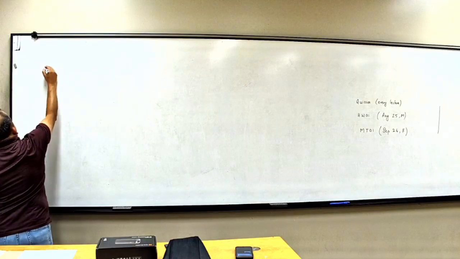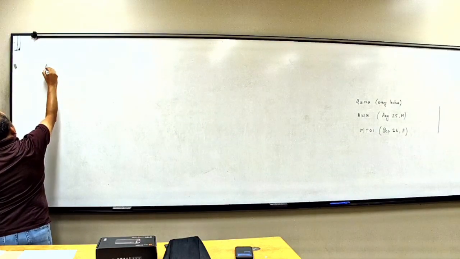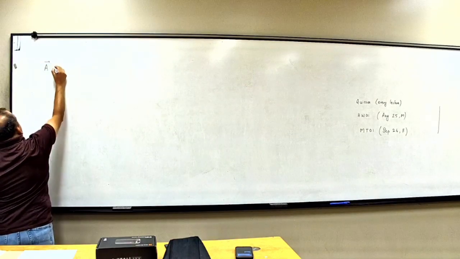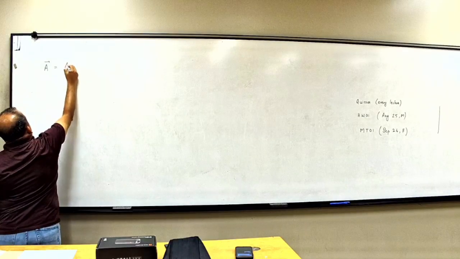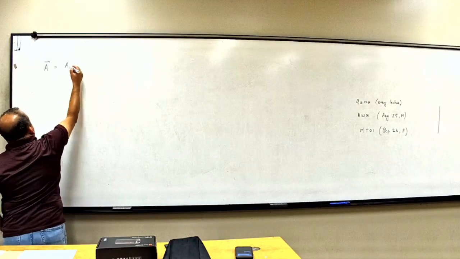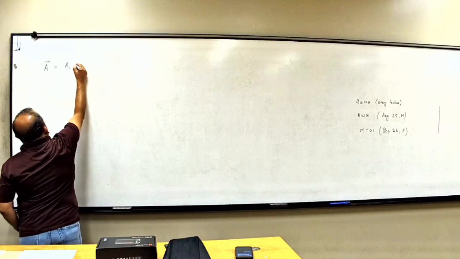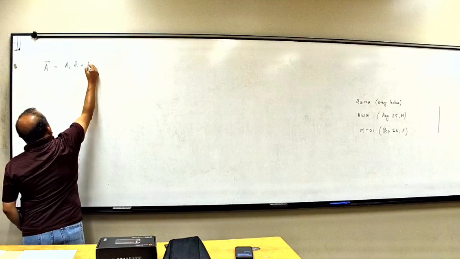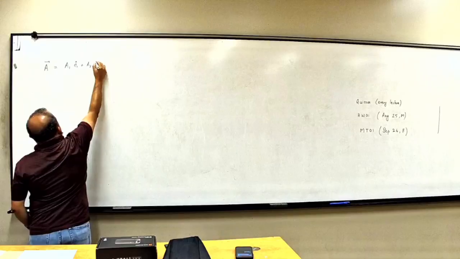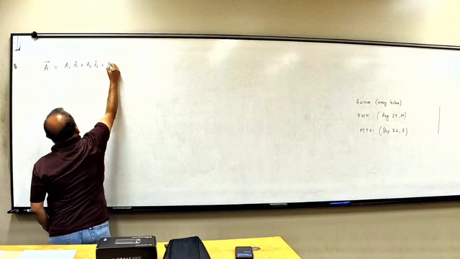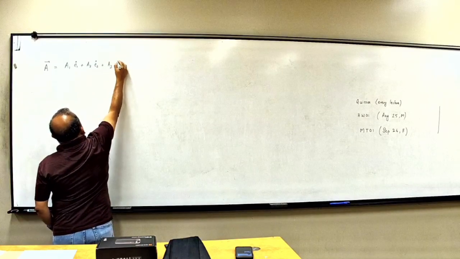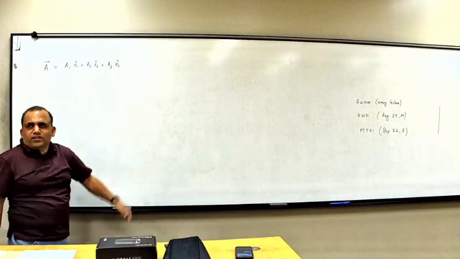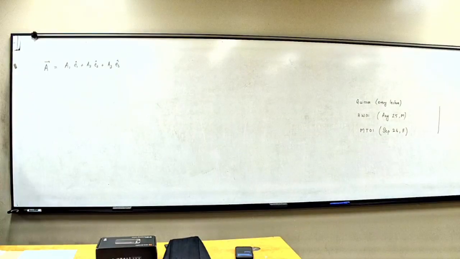Whenever we have a vector A, usually we think of this as A1 E1 plus A2 E2 plus A3 E3, where we understand A1, A2, and A3 as the rectangular coordinates.